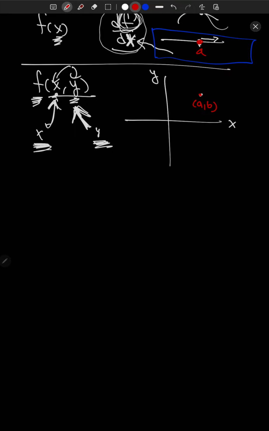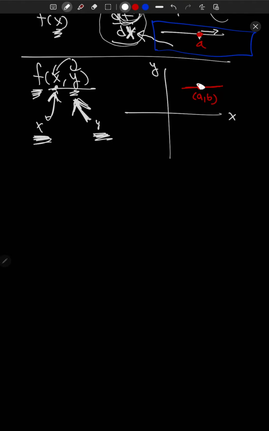For now, y is just constant, staying at b. In other words, we're looking along this line segment right there. We're trying to figure out how the function changes as we move along this horizontal line segment, keeping y at the constant height of b, while x is changing.